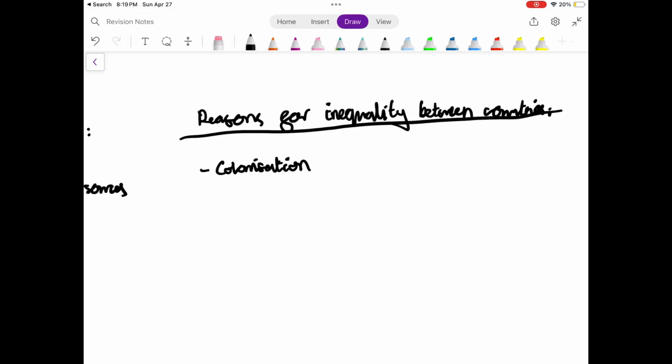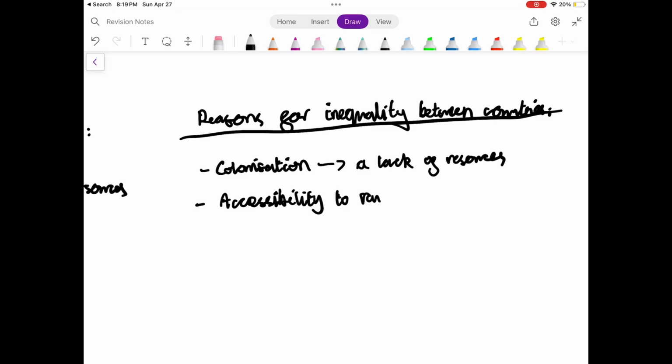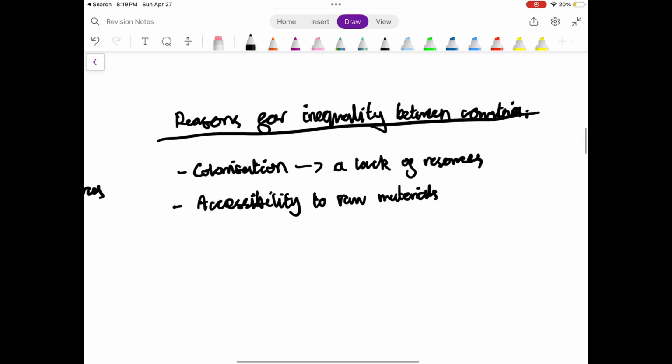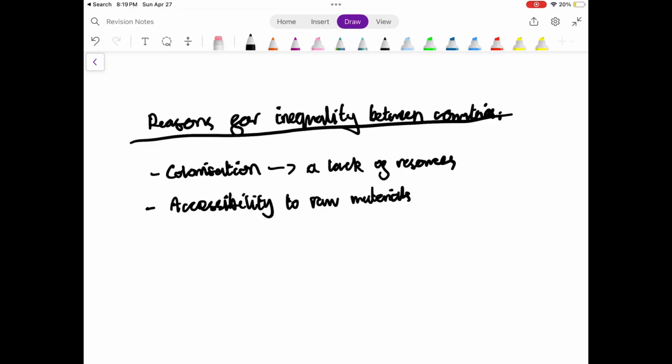Some countries may have previously been colonized, so this can lead to a lack of resources. Next is accessibility to raw materials, and for example this can be used for manufacturing.